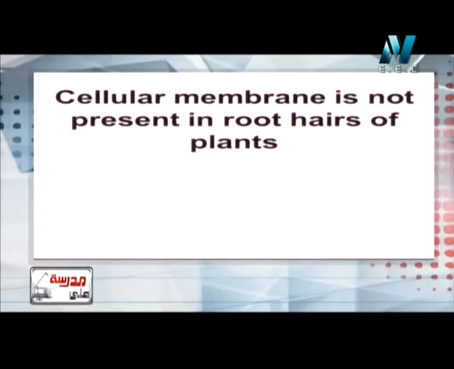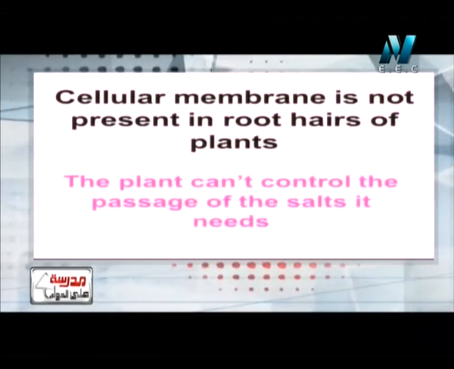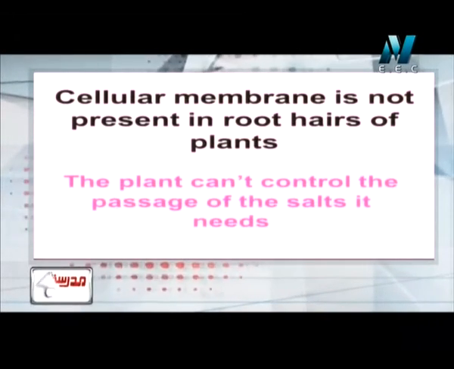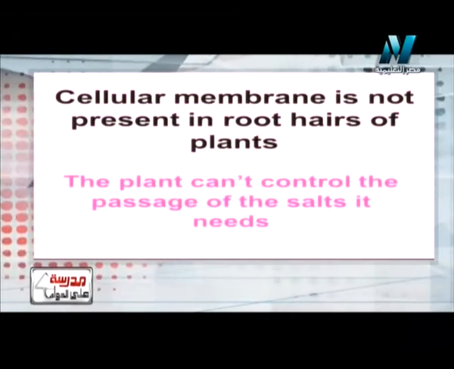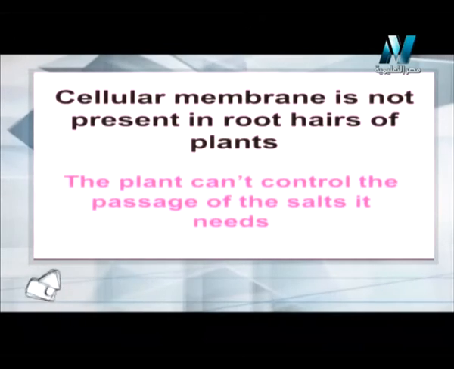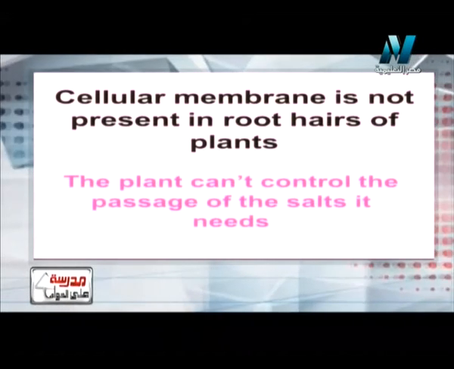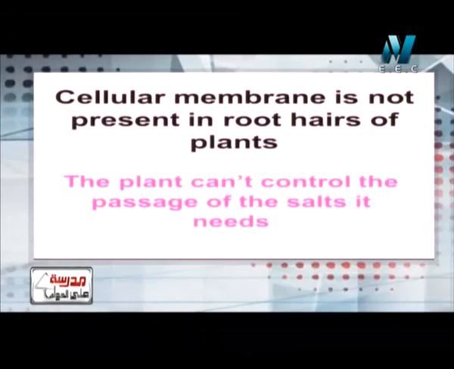So if the cellular membrane is not present, the plant cannot control the passage of the salts it needs. Again, a very important question about the function, or the role, of the cellular membrane in the root hairs of plants.